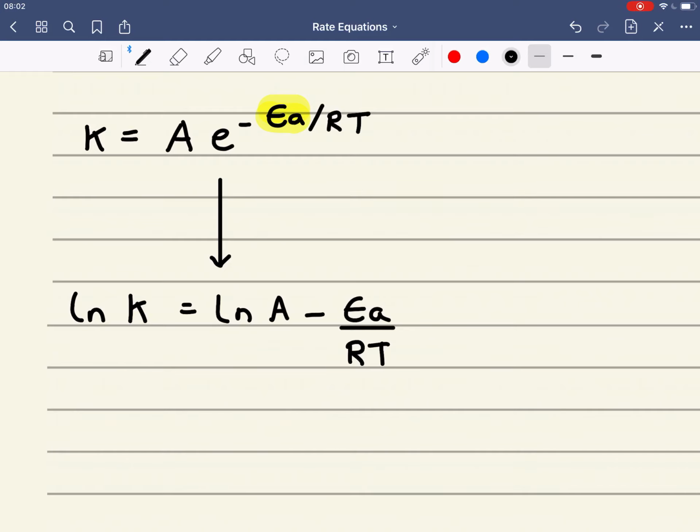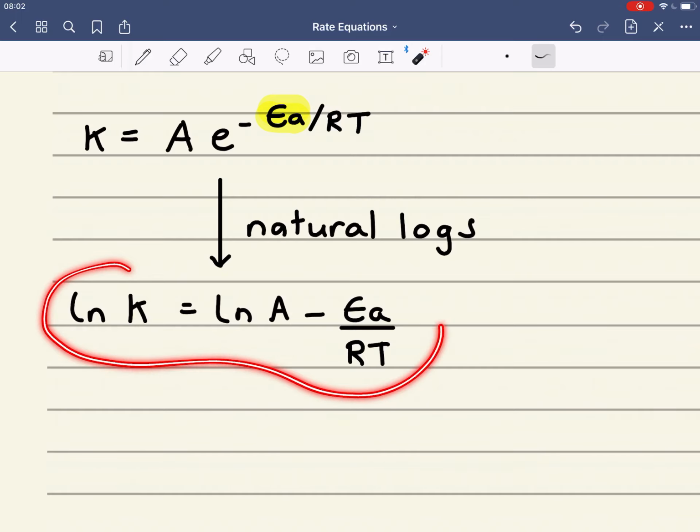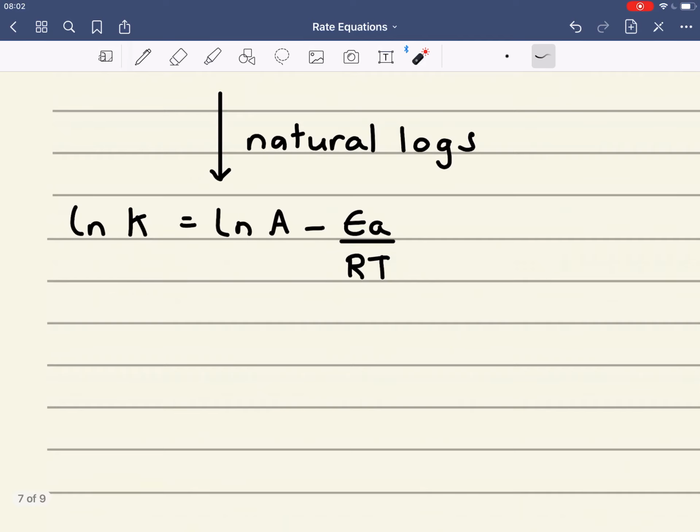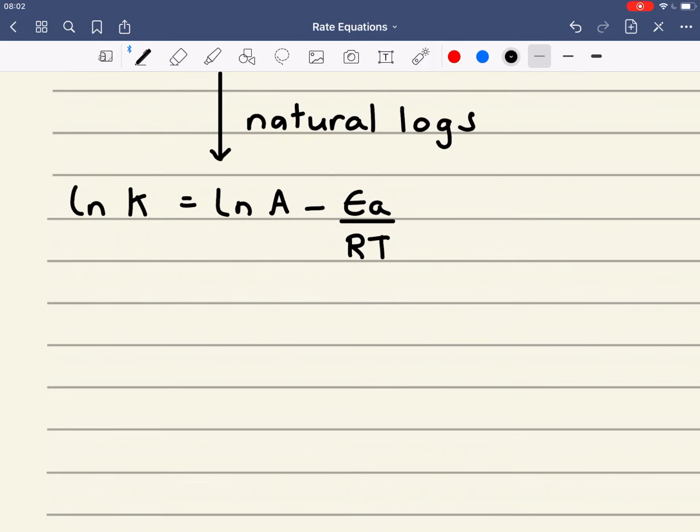If not, it may be a good idea again to just try and remember this log form here of the Arrhenius equation, because once you get this, it should be basic algebra to rearrange anything in this equation. So what we need to do is we need to get activation energy.